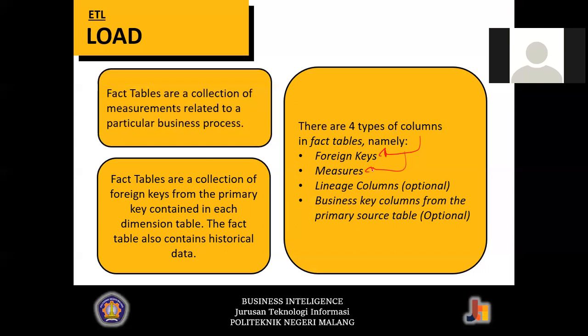It depends on your needs. The third column is called lineage, and the fourth column is the business key column from the primary source table. Both of them are optional, meaning that you can use them or not.